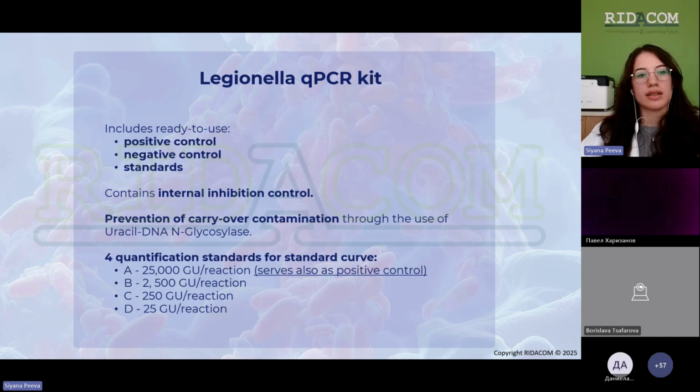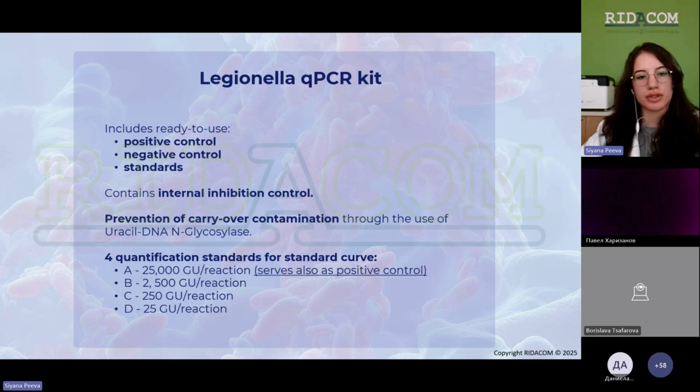Next, the kit includes ready-to-use positive control, negative control, and standards. It also contains an internal inhibition control, which prevents misinterpretation of negative results due to inhibition of the amplification, and it ensures maximum reliability of the kit.